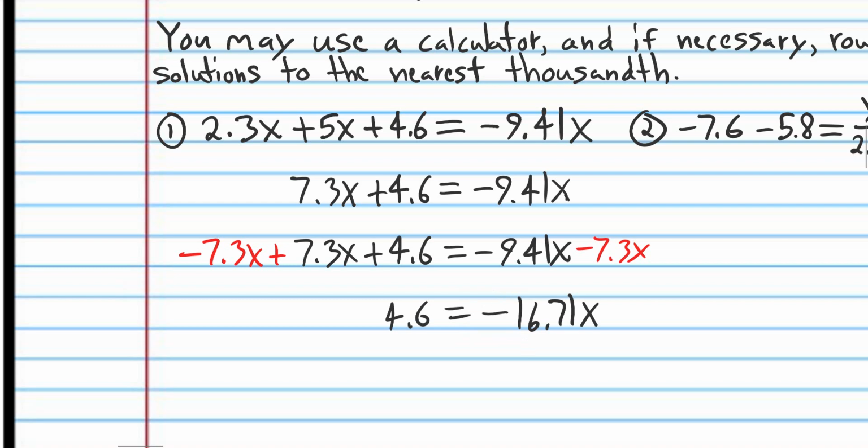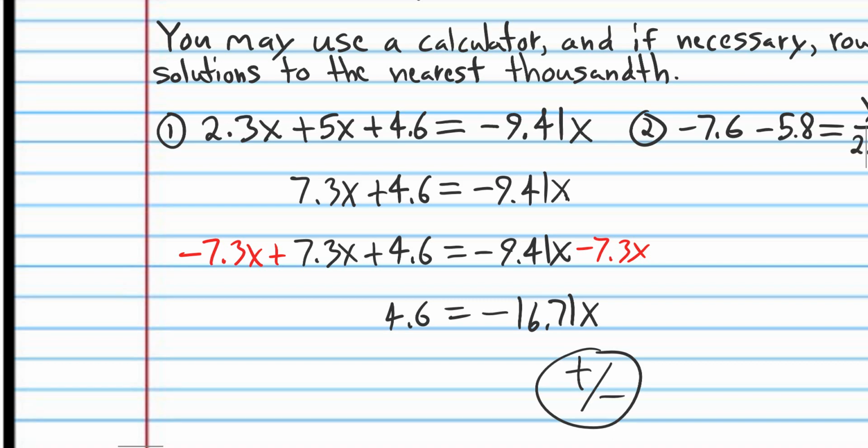But there's a lot of students that just have to use the negative in their calculator. So if you have an iPhone, you're going to put 9.41. Then there's a button that says plus/minus, and you're going to push that button, and that's going to make the 9.41 negative.